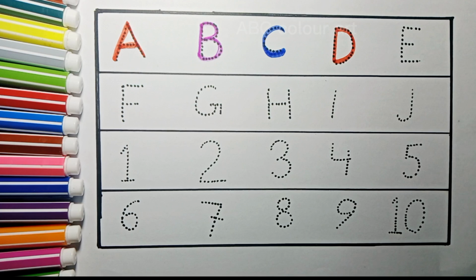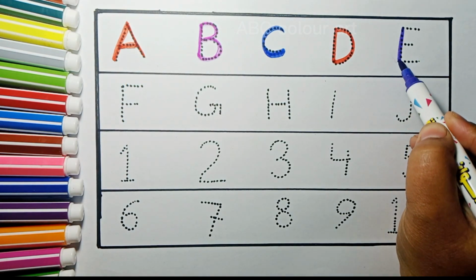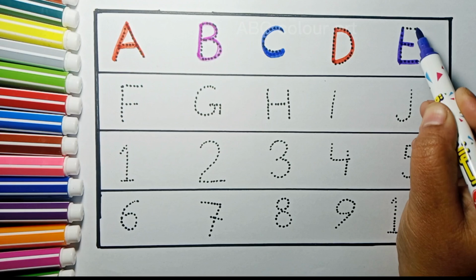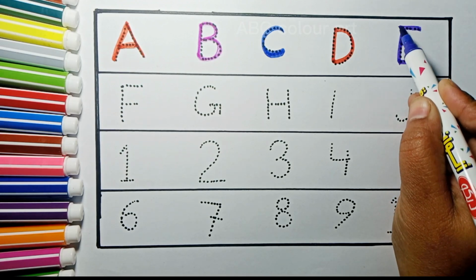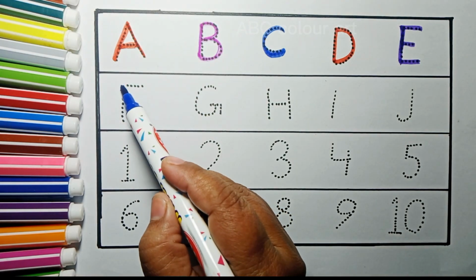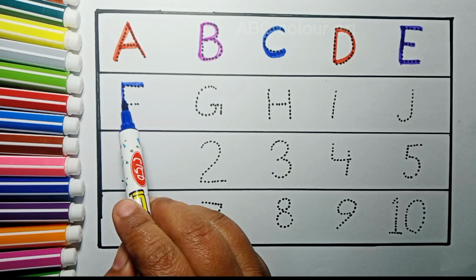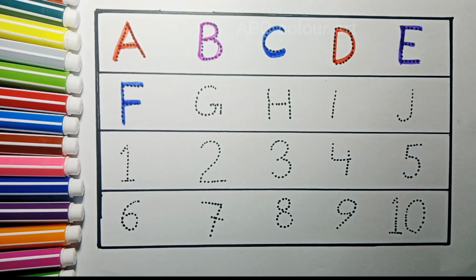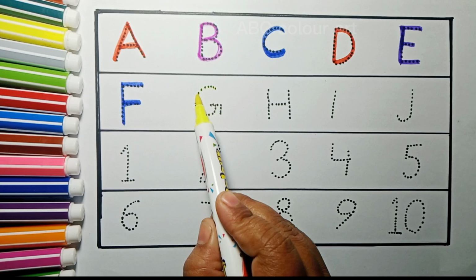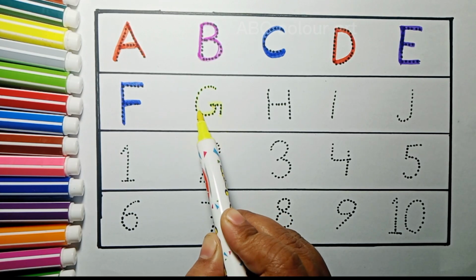D for duck. E for egg. F for frog. G for grid.